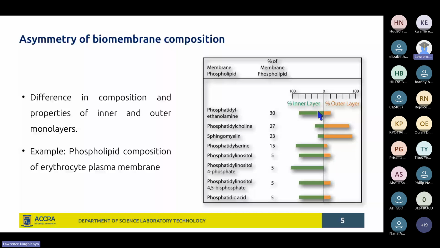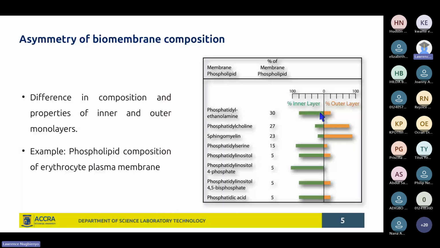In the outer layer it is maybe just about 10%, and in the inner layer about 90%. But if you take the percentage of the lipids together in the membrane itself, phosphatidylethanolamine is just about 30% of the cell membrane. So out of that 30%, 90% of it is in the inner layer, whilst just 10% of it is in the outer monolayer.